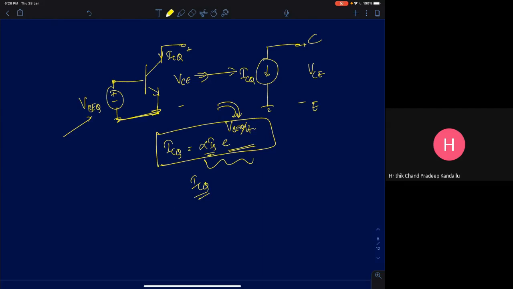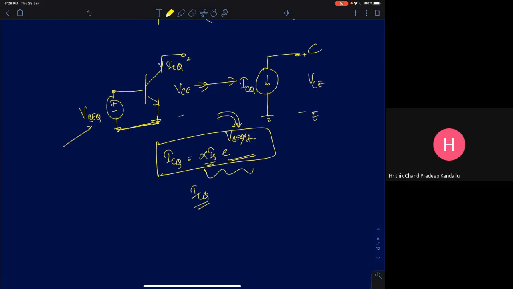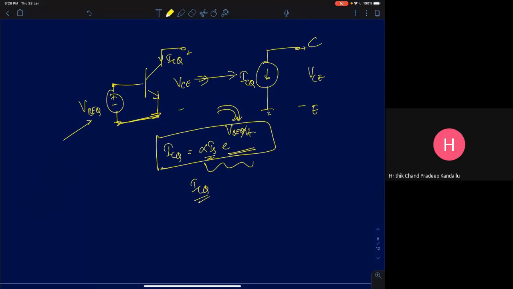Okay, but the important thing to note here is that usually a current source is a two-terminal device. You will have both terminals accessible. But if I use an NPN BJT, one terminal will normally be at ground because it's sinking current. This is called a sinking current.